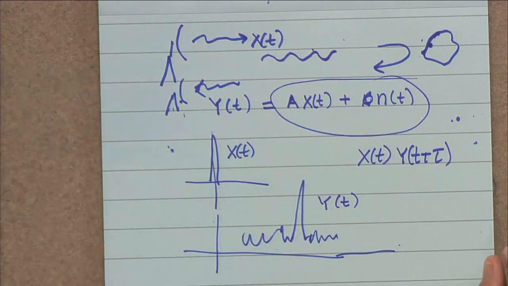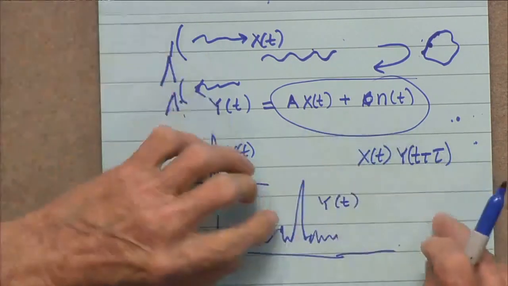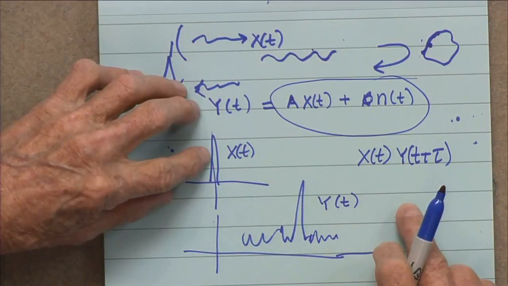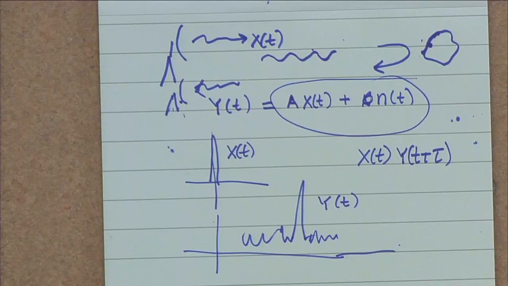And so now, maybe if I just send a pulse like this, I can tell something about where it's located. Don't know much about how fast it's moving.